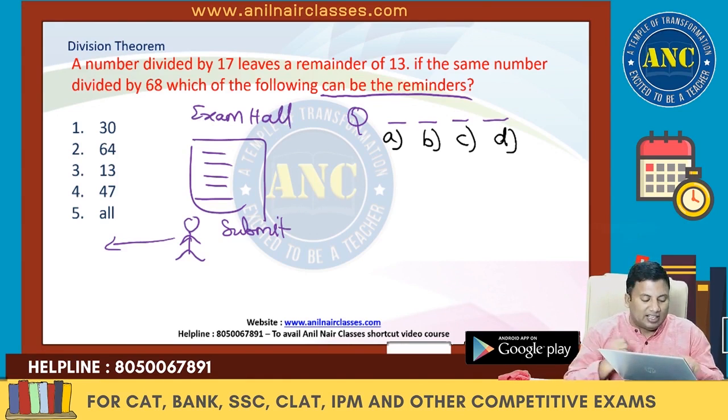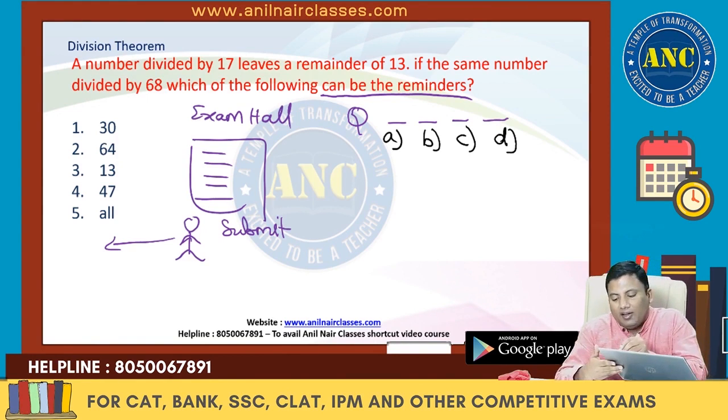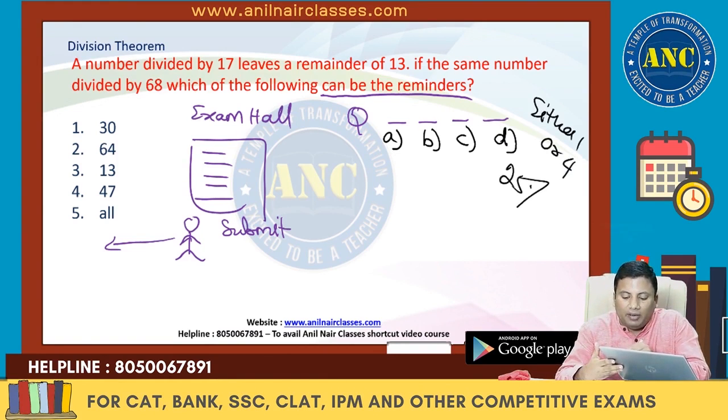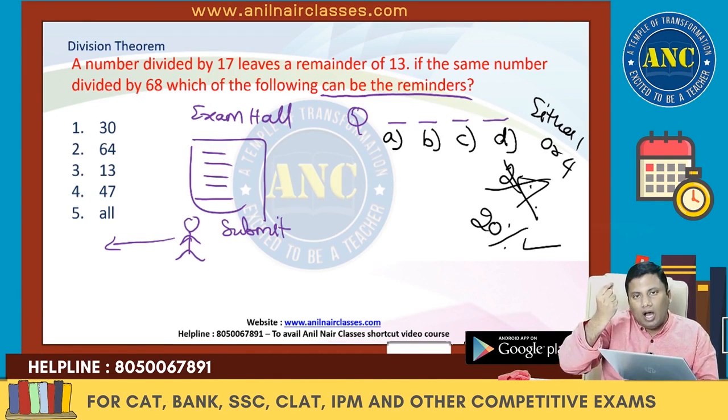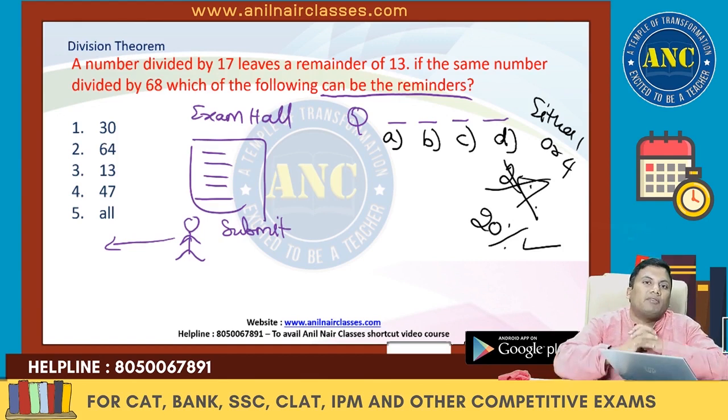But why 25%? Either A or B or C or D, 1 out of 4. I am saying 25% is incorrect, 20% is right. You can tick mark A, B, C, or D, or you decide that you will not tick mark any of the options. Not tick marking is also one way of answering a question.